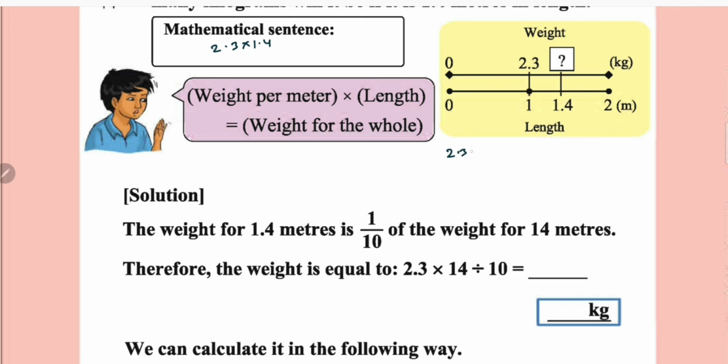Usual, 2.3 into 1.4. 4 3 is 12, 4 2 is 8 9, 3 2 2 2 3. How many decimal places? This has one decimal place, this has one more decimal place. 1 plus 1 is 2, so the answer is 3.22. Okay, 3.22 kg.